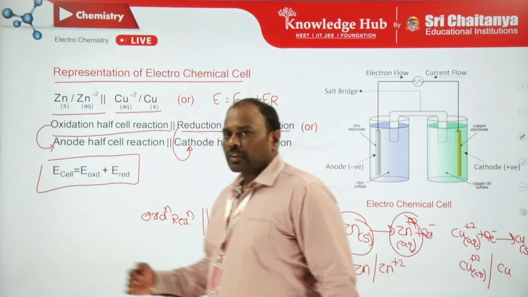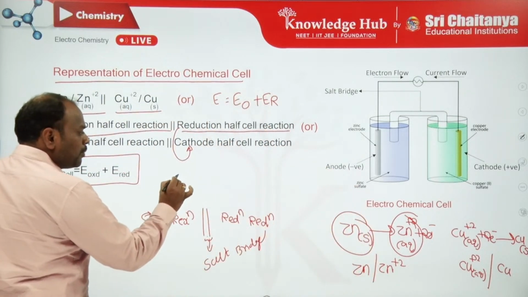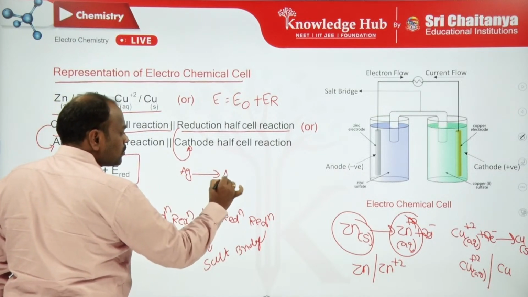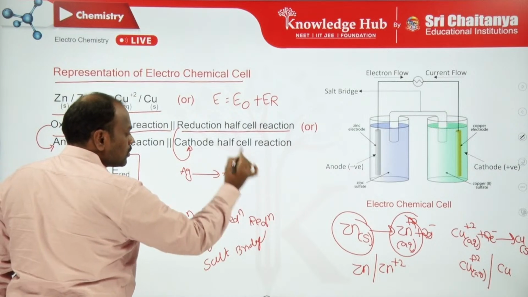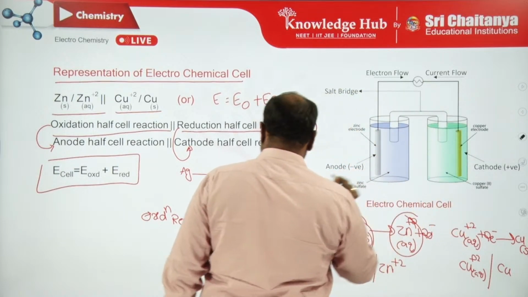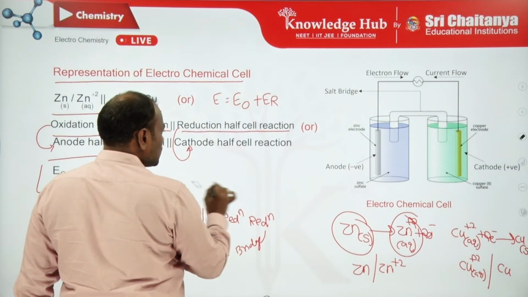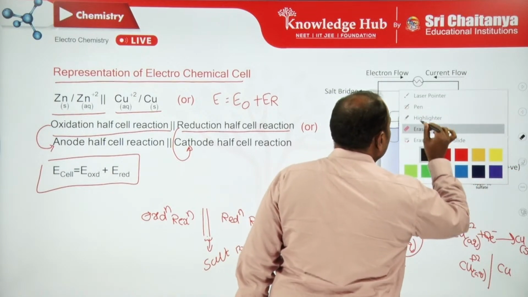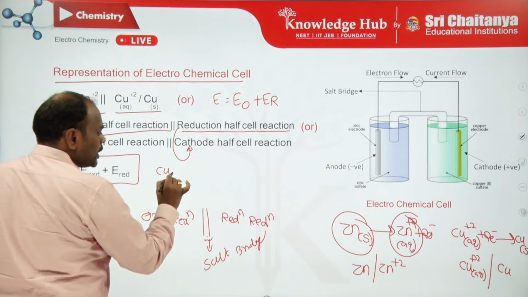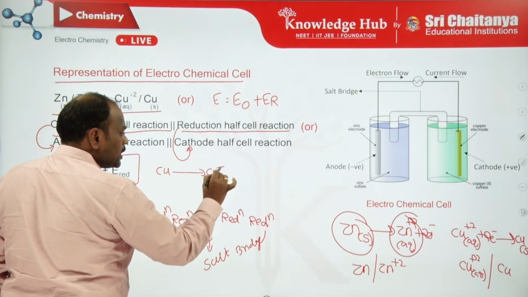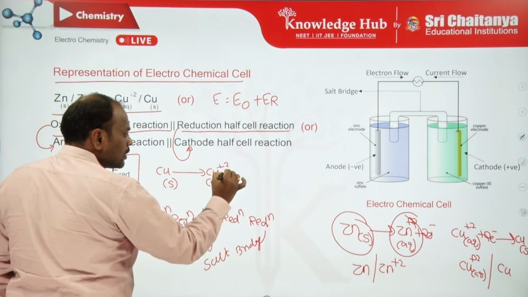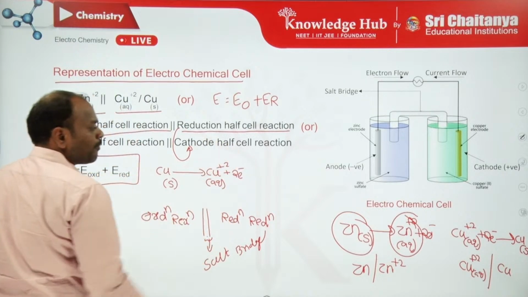Suppose, based on this, Cu is converted to Cu plus 2, aqueous, plus 2 electrons.